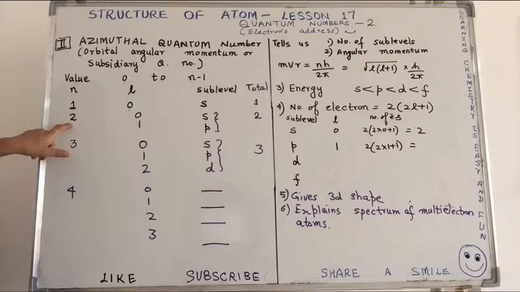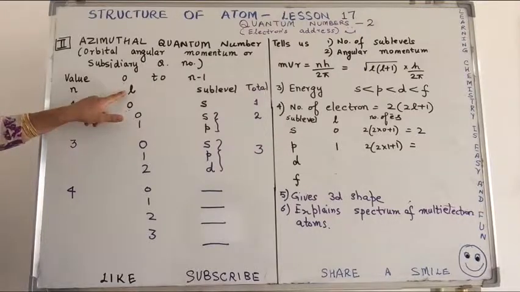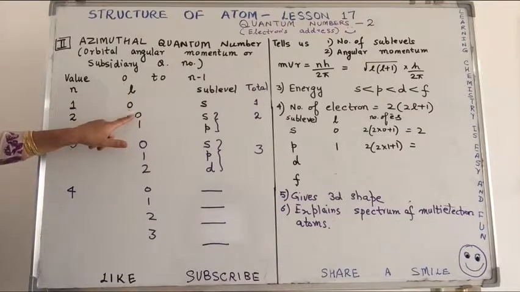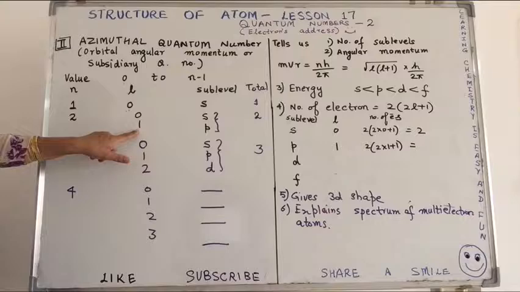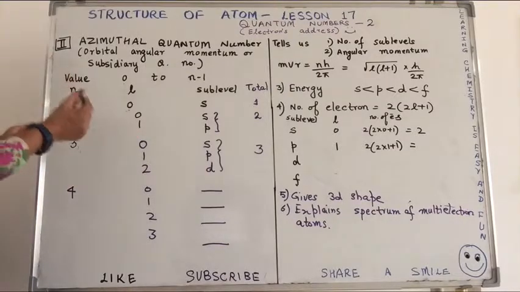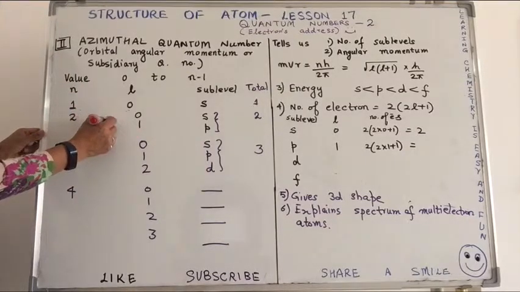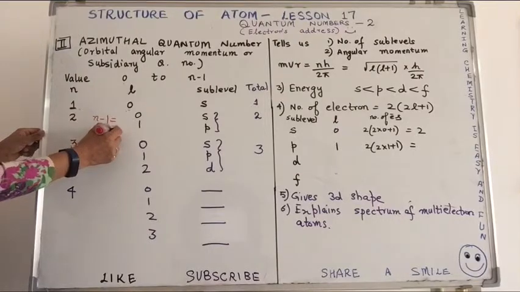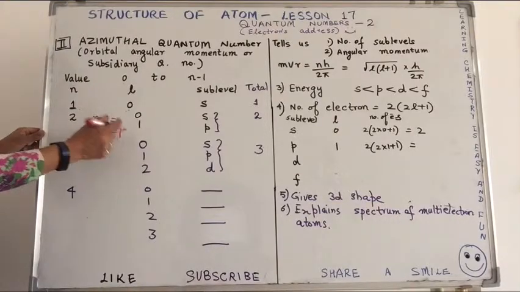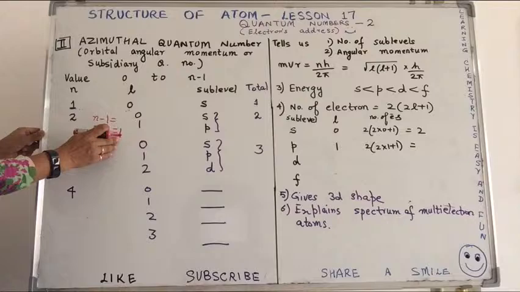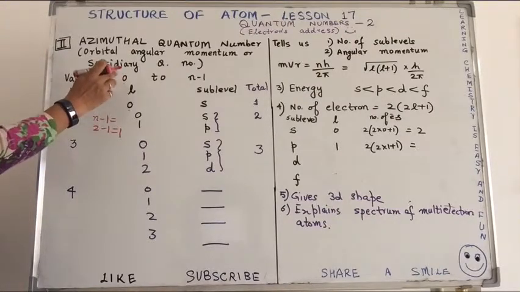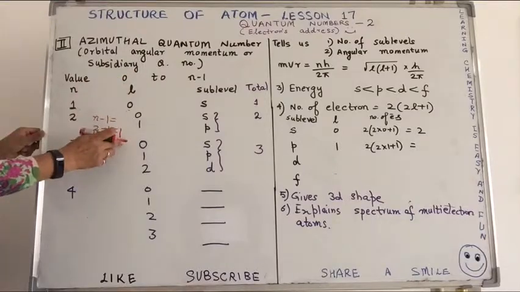Coming to value 2, when n is equal to 2, that means I am talking about the second orbit. The value of L can be 0 or 1. How? n minus 1 is 2 minus 1 equals 1. That doesn't mean that the value of L is only 1. No. The value of L is from 0 to 1, whole numbers.